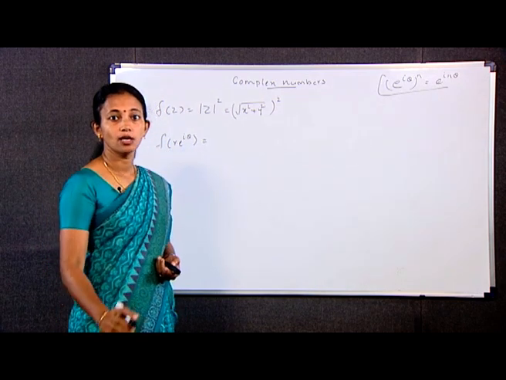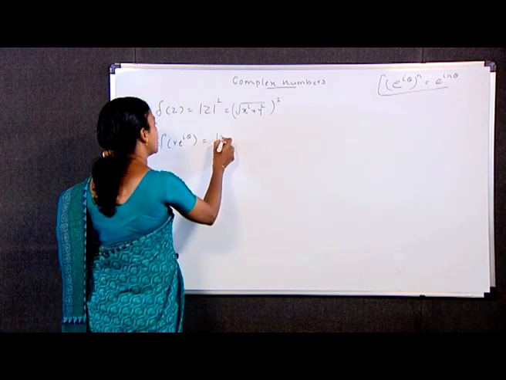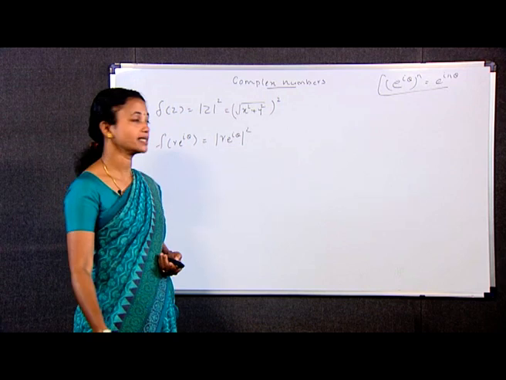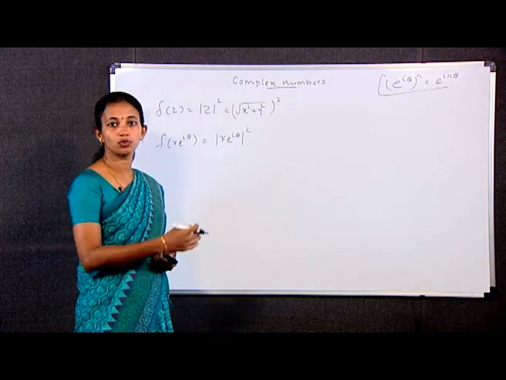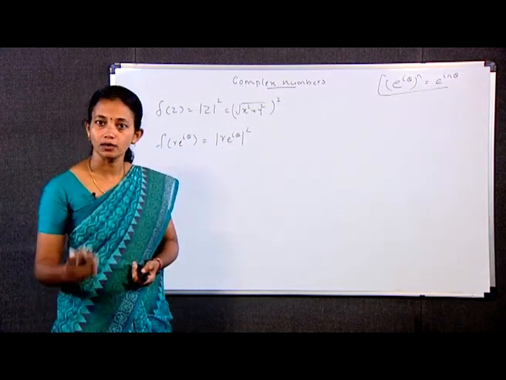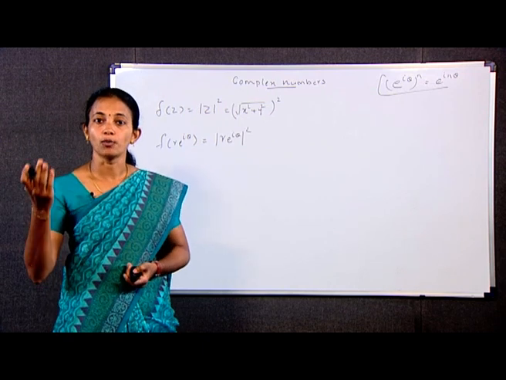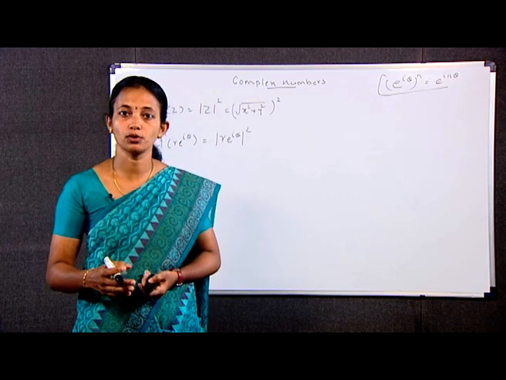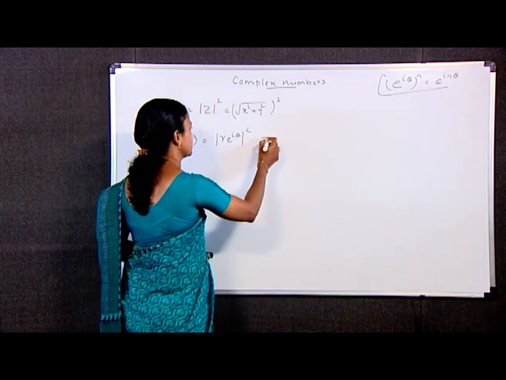This we can write as mod (r e raised to i theta) square, which is equal to mod r square into mod (e raised to i theta) whole square, which is equal to mod r square.